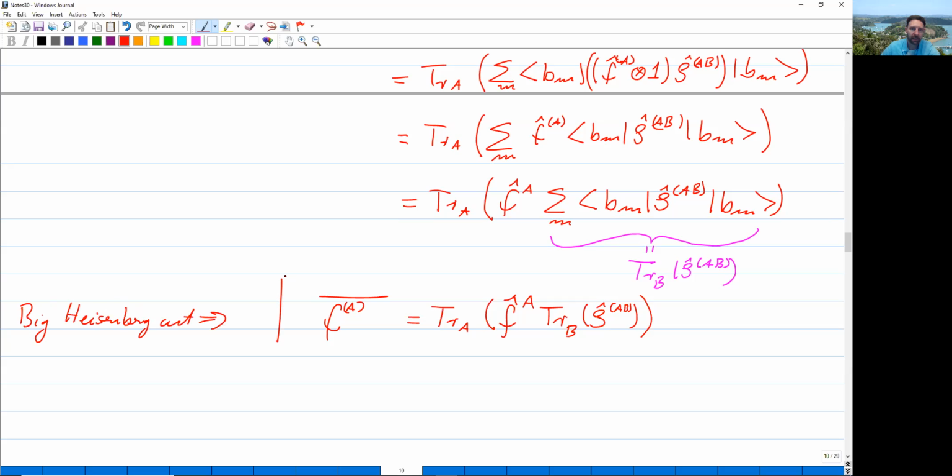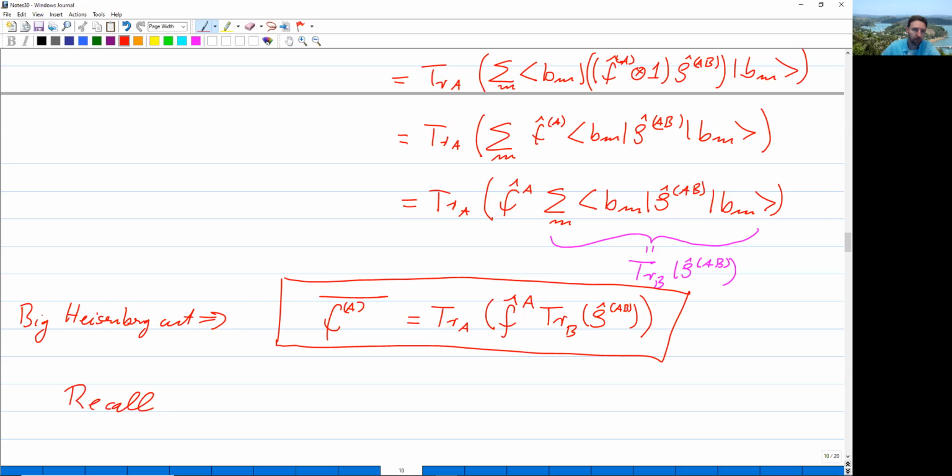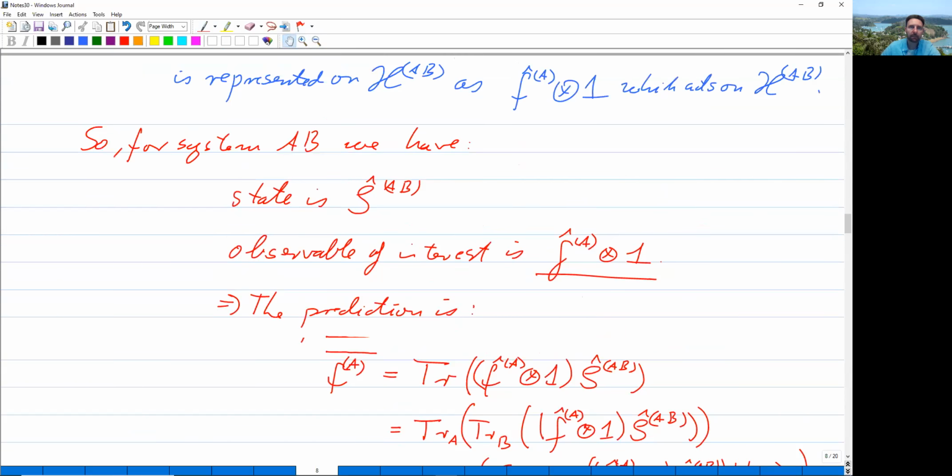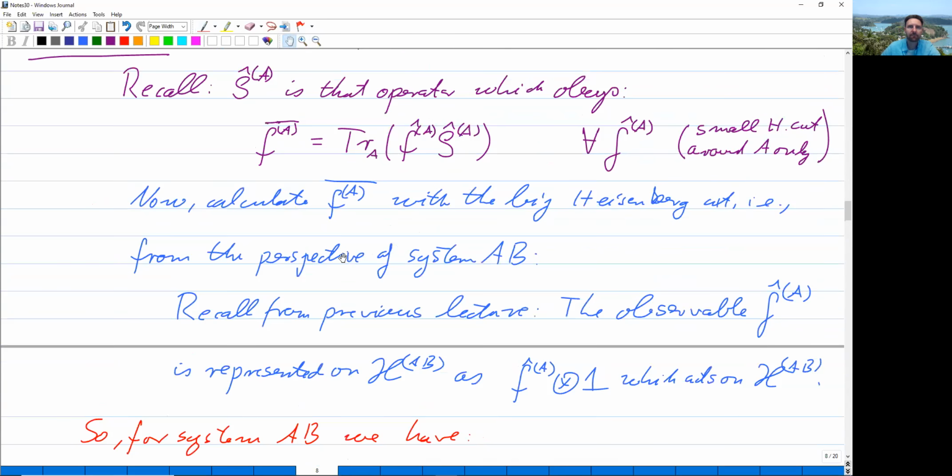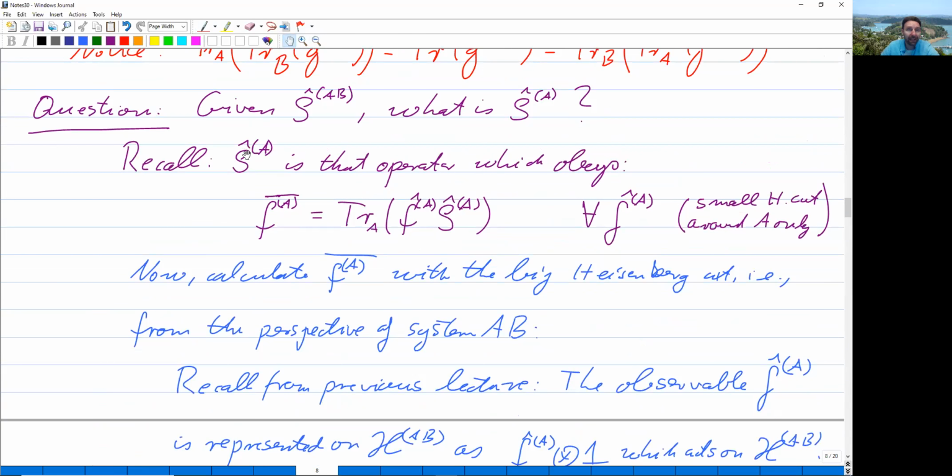Therefore, we have this. Now, recall something we said up here, namely that rho hat A, the density matrix of subsystem A, is our target. This is what we want to calculate.